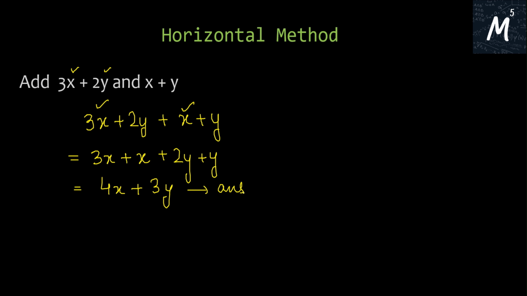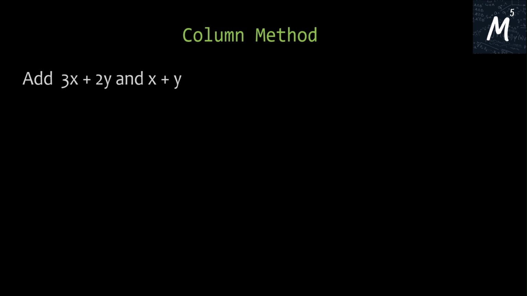So this is how we solve addition of algebraic expressions. Now let us see the same question using the column method. So 3x plus 2y will be written in the first row. Now x is a like term with 3x, so x will be written under 3x because both of them are like terms.